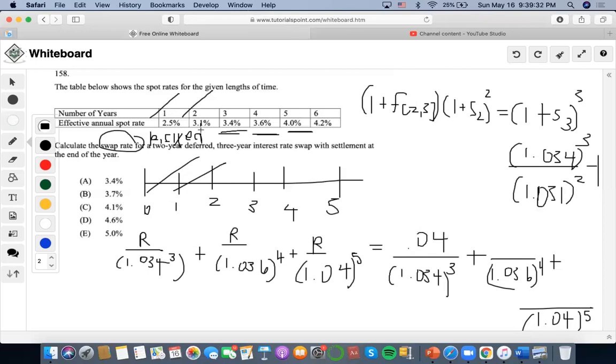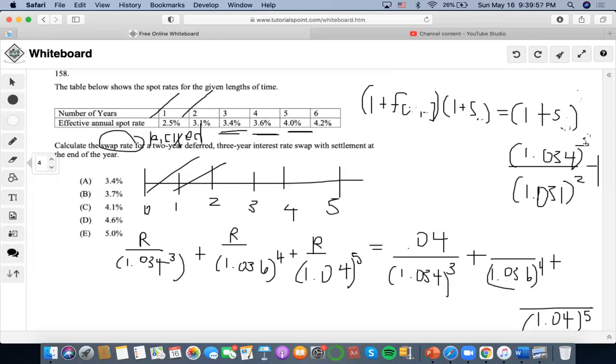Now, second part is that we're going to have to find the forward rate from 3 to 4, right? So I'm going to take my eraser. So from 3 to 4. So if we find the forward rate from 3 to 4, that means that we would have to change this to 3, and we would also have to change this to 4.